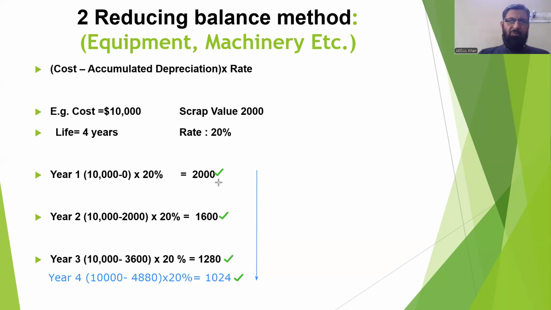So first year 2,000, second year 1,600, third year 1,280, and the fourth year 1,024. Is it clear? So this is how we calculate depreciation by the reducing balance method. Then we can proceed to the next step.